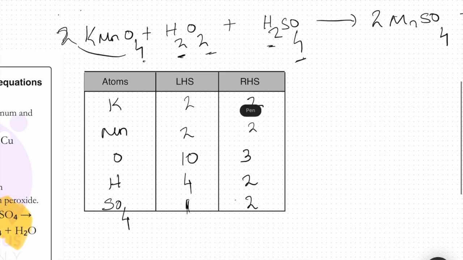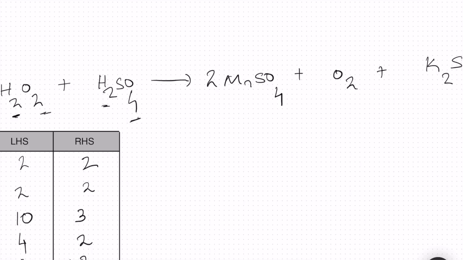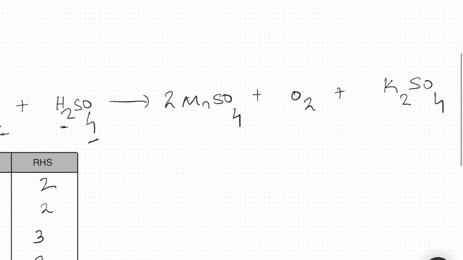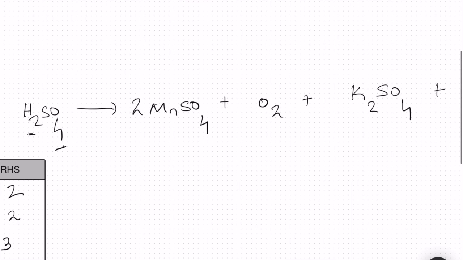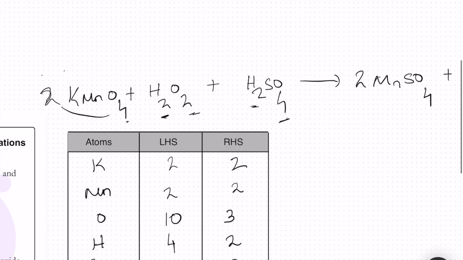In doing that, we'll get 2 manganese atoms on the RHS. Notice that by multiplying 2 to manganese, the SO4 is also affected. So the SO4 count now becomes 3 on the RHS. So we need to be very careful.